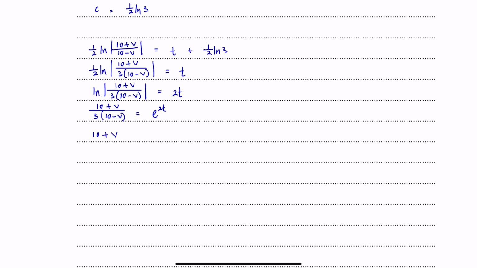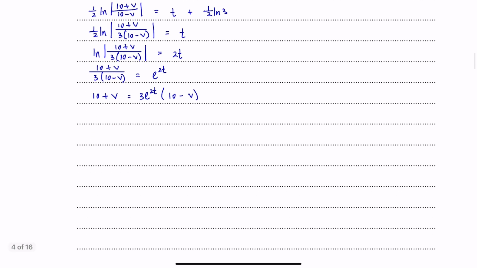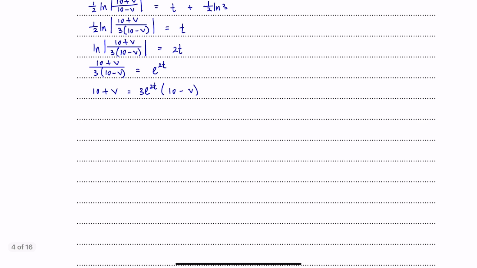So 10 plus v equals 3e to the 2t times 10 minus v, and we can factorize the v out to get 1 plus 3e to the 2t times v equals 30e to the 2t minus 10.